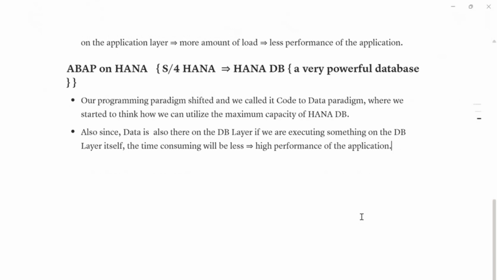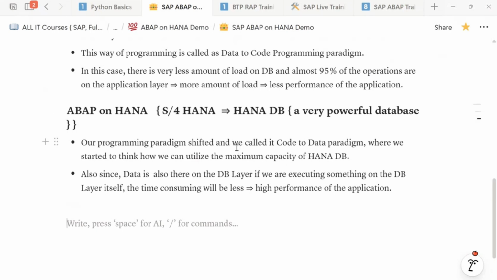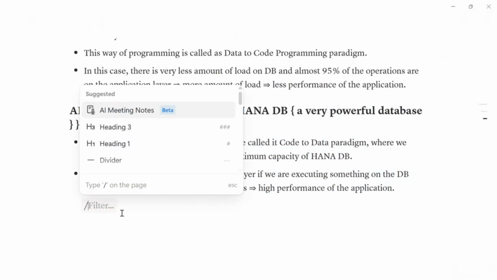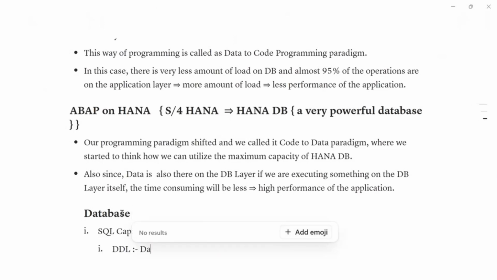So now, what capacities of the database do we want to utilize? Since this is a very powerful database, what capacity do I want to utilize so that I can execute all those things from the DB side? Generally, any database, it doesn't matter which, has two major capacities. One is SQL capabilities, like DDL, data definition language, using which we create tables on the database itself.